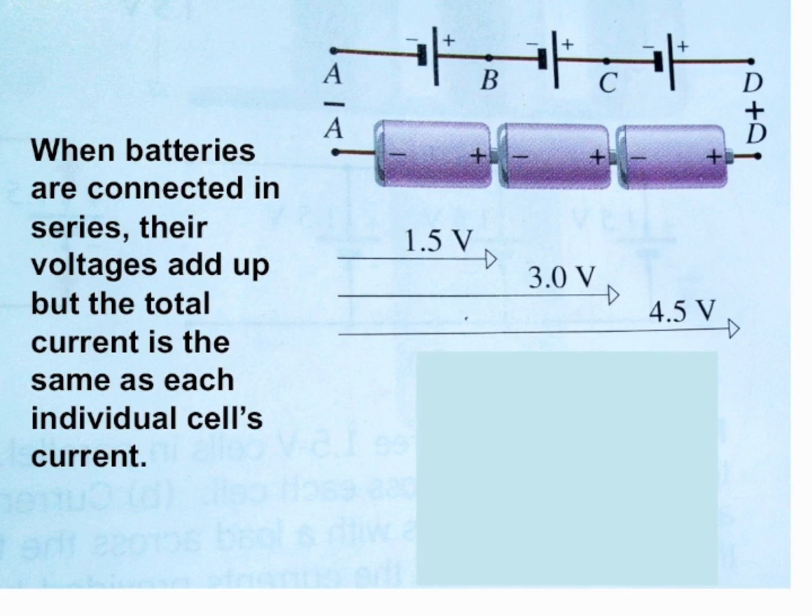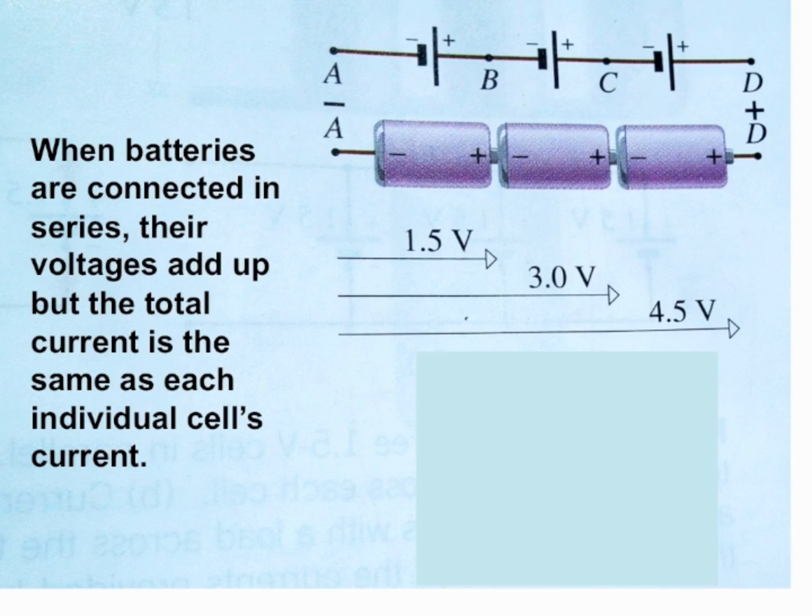Batteries in series. When batteries are connected in series, their voltages add up, but the total current is the same as each individual cell's current. So here we have some C batteries. It's a very common size. You probably used them before. And C batteries, each cell is 1.5 volts. Now what happens if you line them up like this is you increase the voltage.